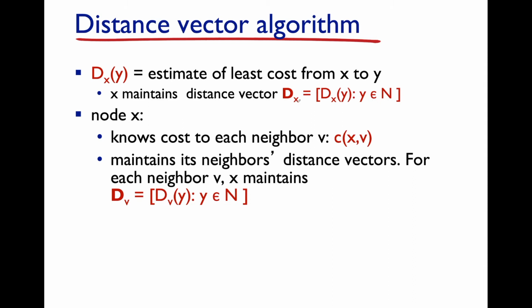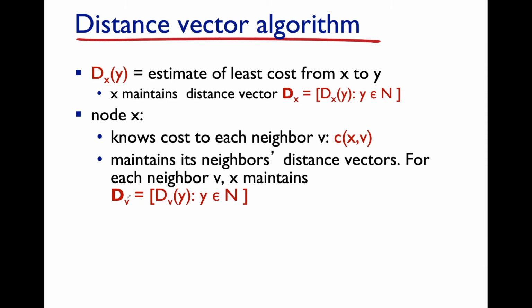And so X is going to have an estimate to say how much does it cost to get from me to every other node in the network, including myself, and that cost, of course, is going to be 0. So for each node, let's call it X, it knows the cost of the one hop path, that link that it shares with its neighbor. That's just the edge cost, C of X to V, for each of X's neighbors V, but it also maintains a copy of its neighbor's distance vectors, and that's how it's able to run this Bellman-Ford update equation.